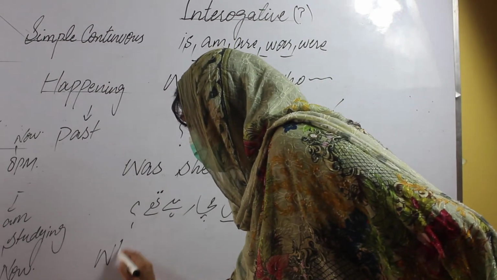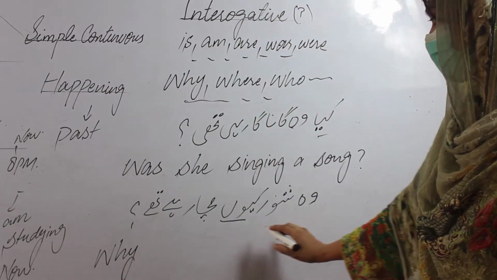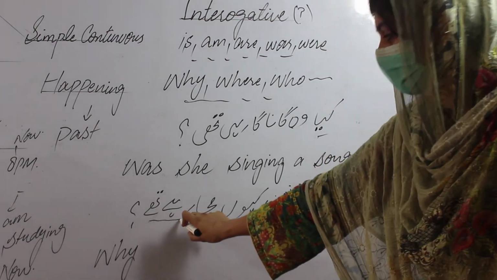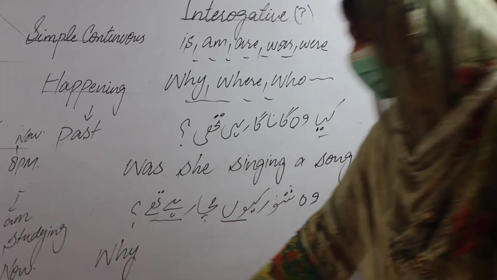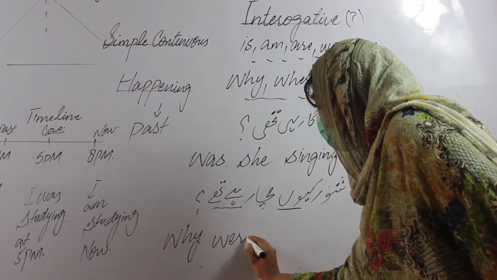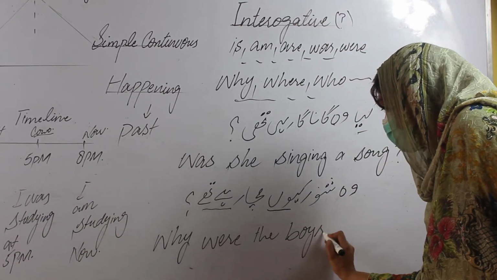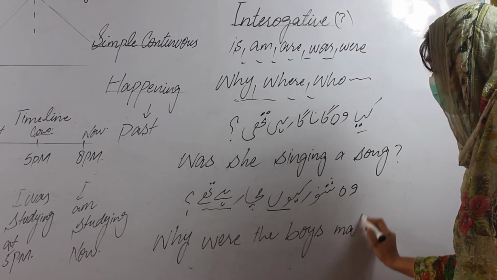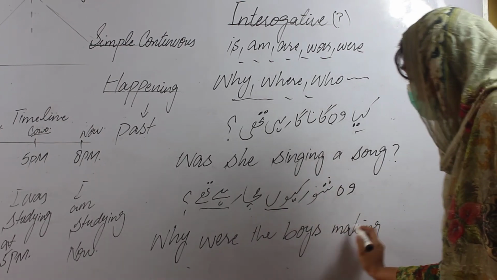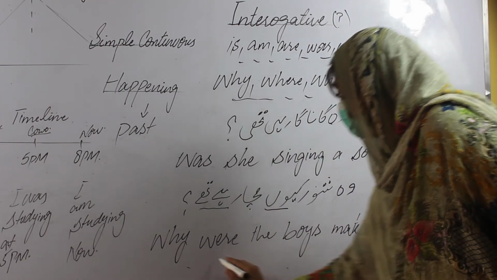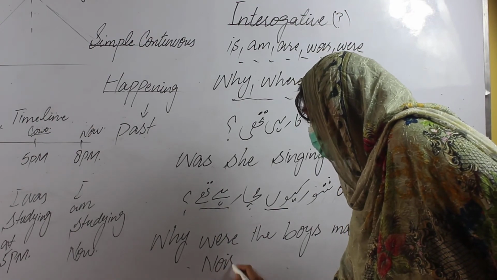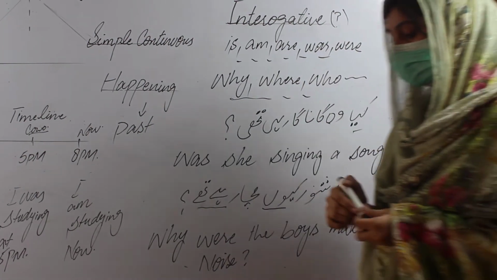Firstly put here why, and then the helping verb, because रहे थे, we are talking about the plural one. So add here why were the boys, the subject after the helping verb, making noise, and put the question mark.